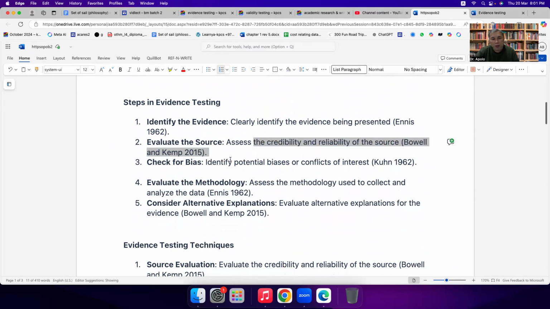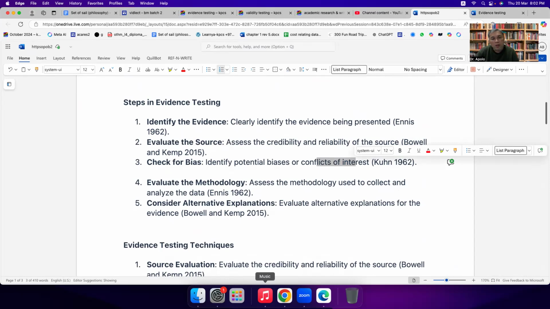Check for biases, beliefs, and assumptions, and conflicts of interest. For example, the one who made the investigation is a relative of the accused. That is bias. The writer evaluating has something to do with the accused, so the propaganda is going to be that way.